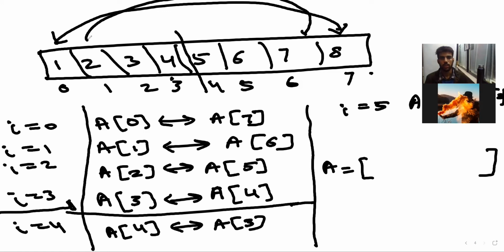This gets swapped with the second last. Third would get swapped with 6. And when you reach 4, 4 would get swapped with 5. So you see there are no elements left if you reach the half point.